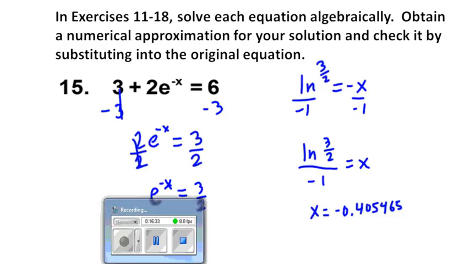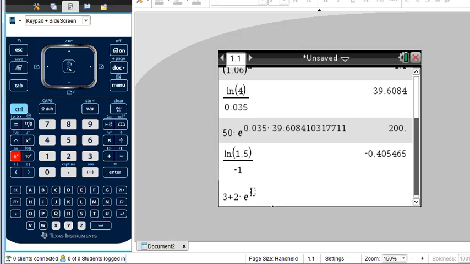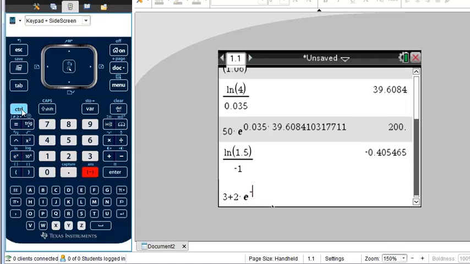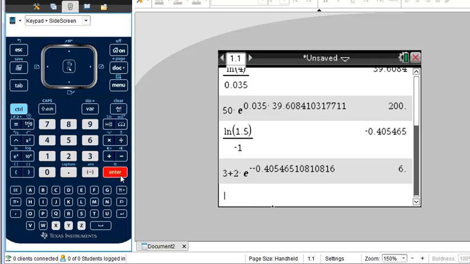To find that, we're going to put the last number calculated, which is second ANS, and that's going to give us 6. So that checks out 100%.